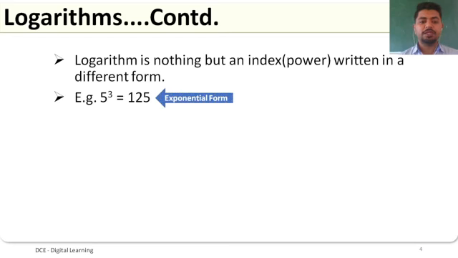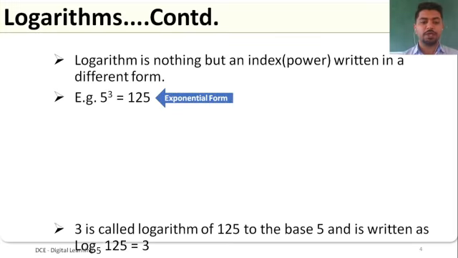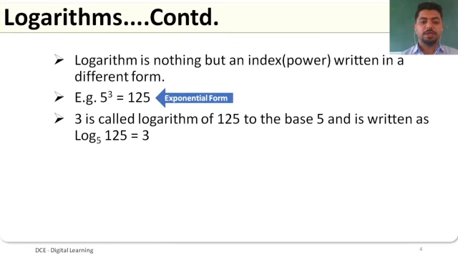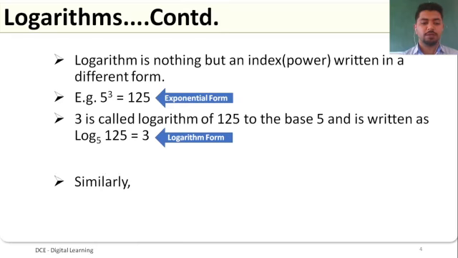Dear students, this form is known as exponential form. In the logarithm form, 3 is called a logarithm of 125 to the base 5 and is written as log of 125 to the base 5 equals 3. So this is logarithm form.